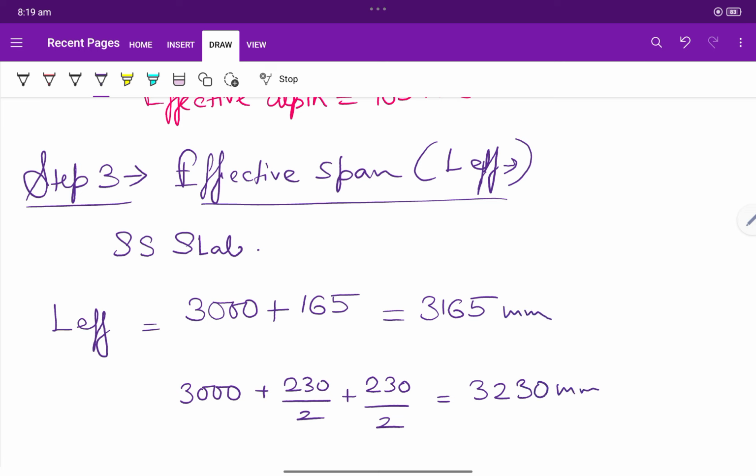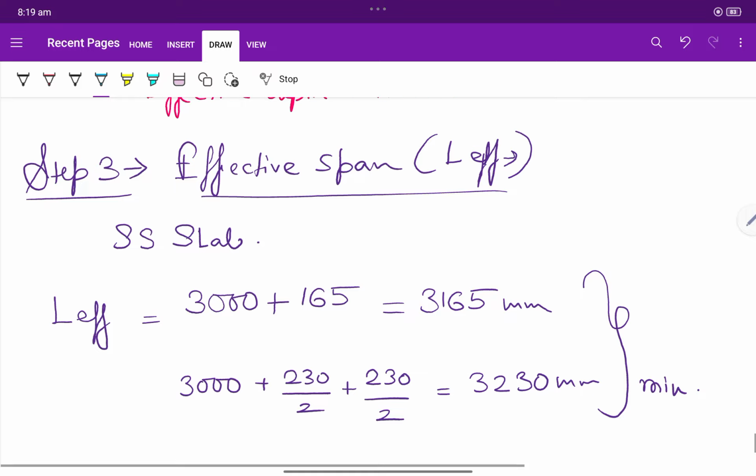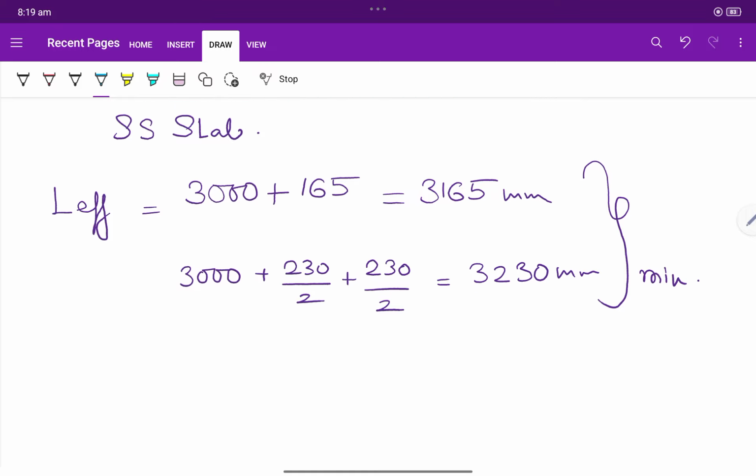Minimum we have to take, so the value of L effective comes to 3.165 meter.